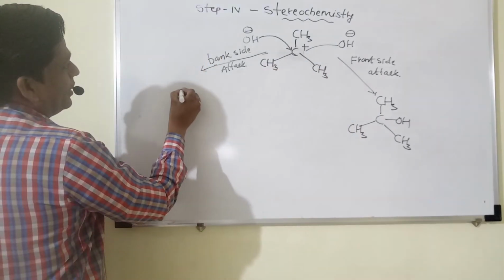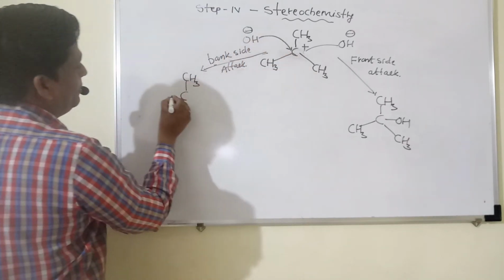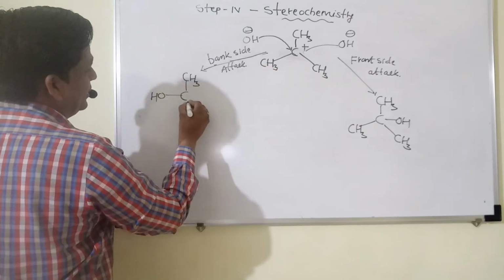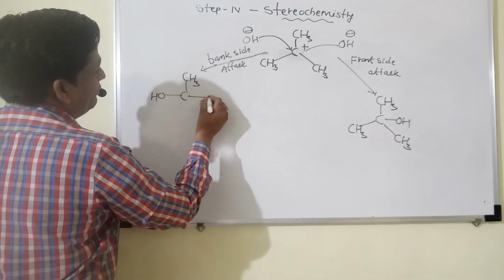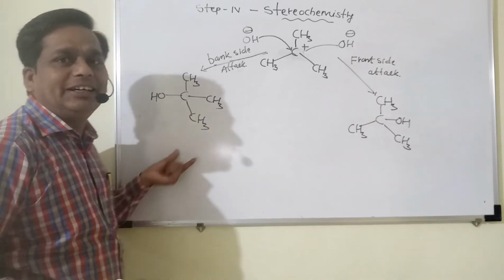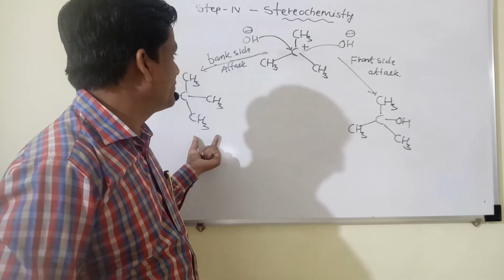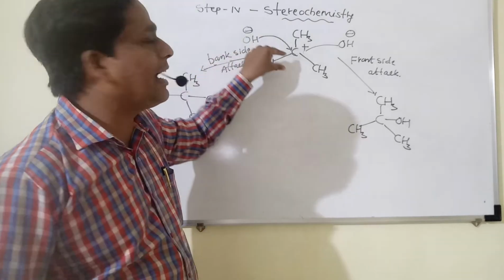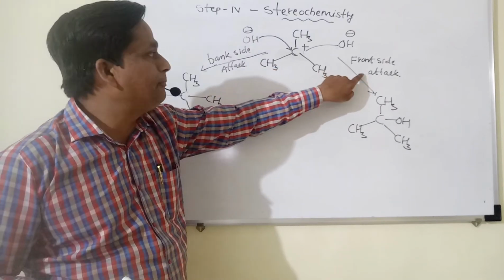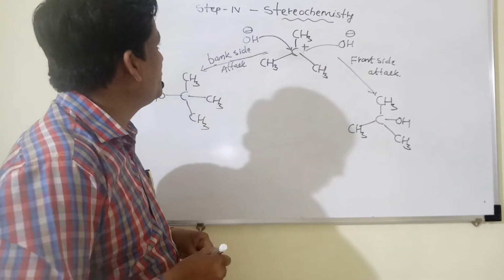That means from the backside, the OH group will be attached in the place of this CH3 group. So the configuration changes, and that is inversion in configuration. If backside attack takes place, that is inversion in configuration, and if front side attack takes place, that is retention in configuration. I hope this is clear.